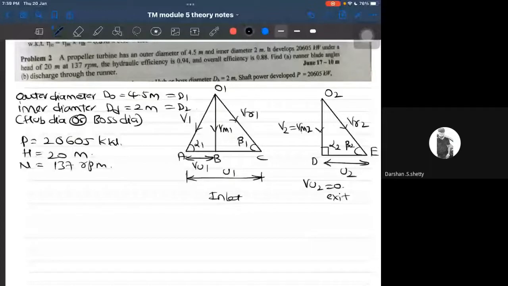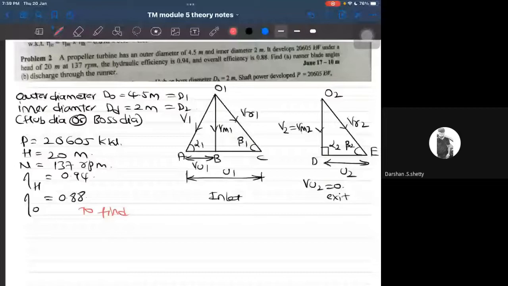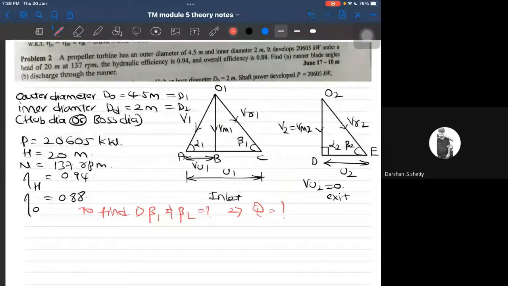Everything he has given, what we need to calculate is the runner blade angles, beta 1, and the discharge through the runner, Q. Very simple problem. So let us try to solve this. Very easy.